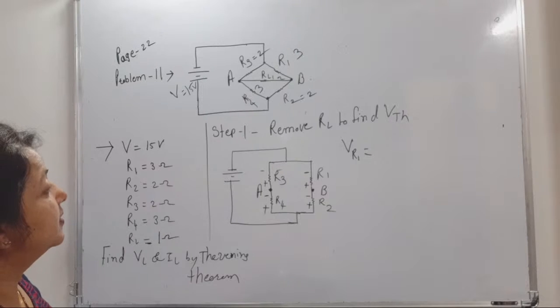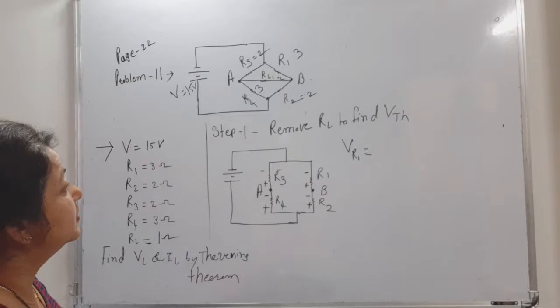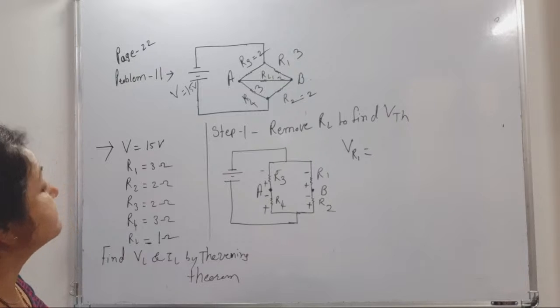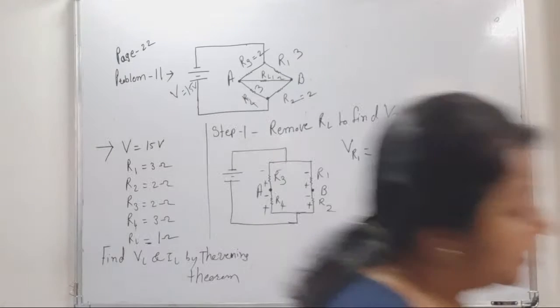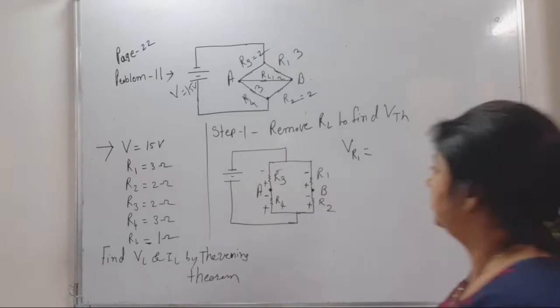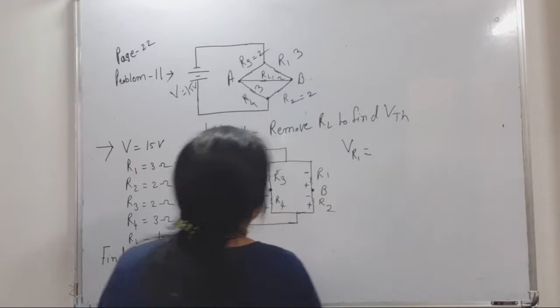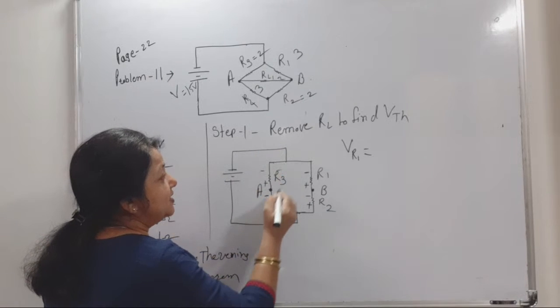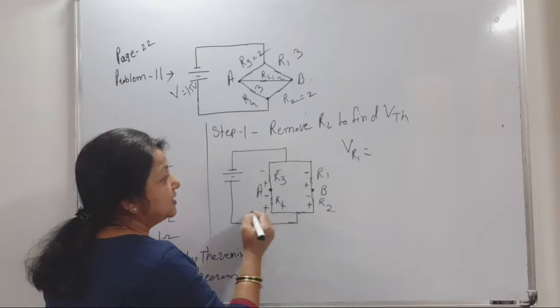Okay. Voltage source is given, na? According to potential division, we have to simplify. Now, here, this one is one series combination, this one is another series combination.